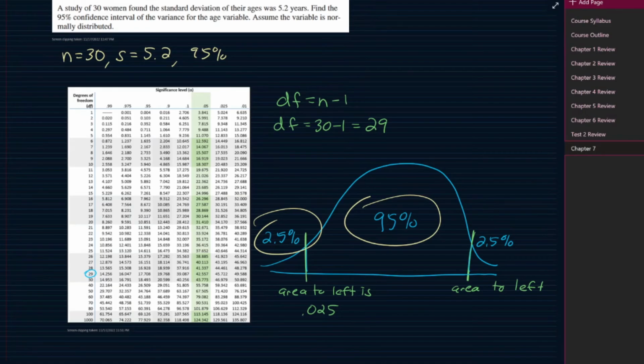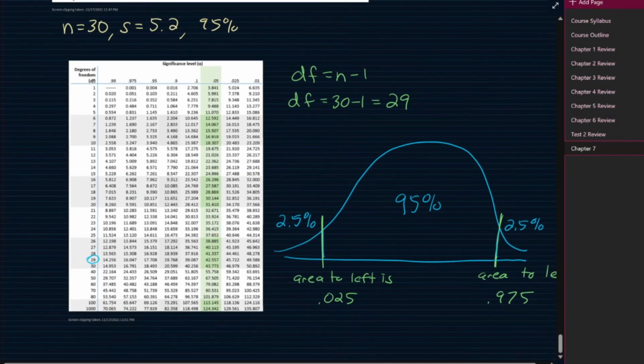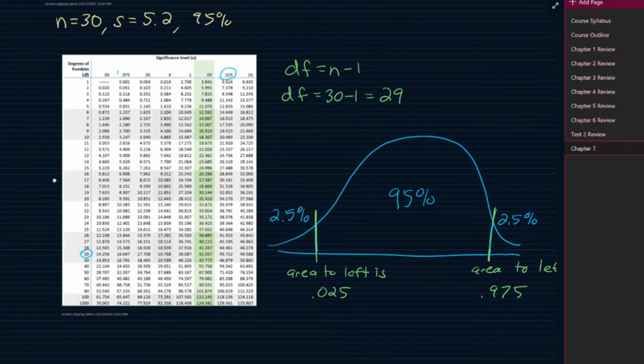So we got to look up the columns for the areas to the left of each of these. This one is 0.975. It's also always 1 minus the other one, is the area that we need to look up. So let's see here. We look for the 0.025 column and the 0.975 column. The one on the left is the chi-squared left value.